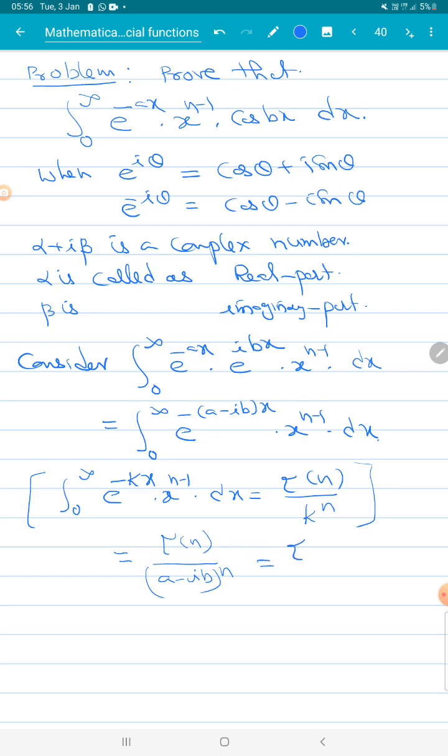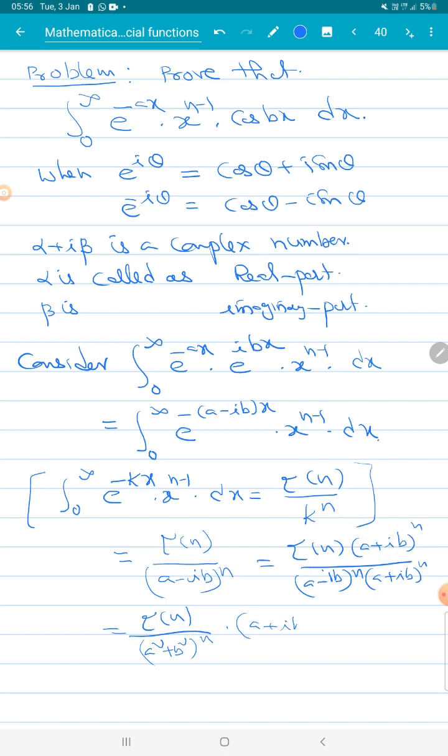So this value is equal to gamma of n into (a plus ib) to the power of n by (a minus ib) to the power of n into (a plus ib) to the power of n. So this is equal to gamma of n into (a plus ib) to the power of n by (a square plus b square) to the power of n.